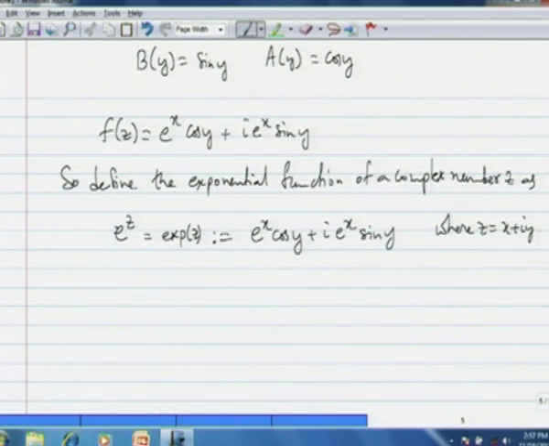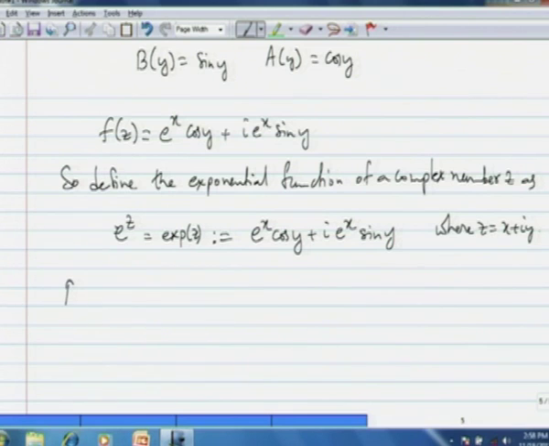So, we define the exponential function owing to the motivation that we have seen so far. We will see that indeed it satisfies many of the properties which are counterparts of the real exponential function. So, here are some properties.